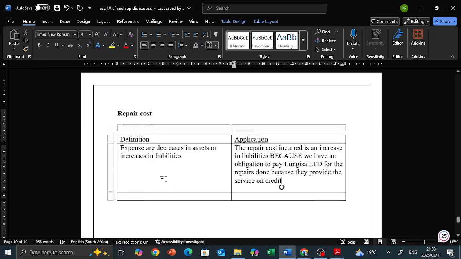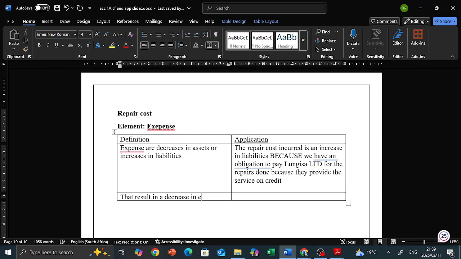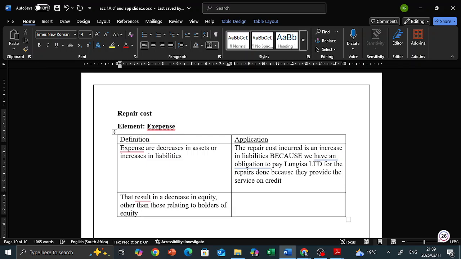Then, expenses are decreases in assets or increases in liabilities that result, the next part now, this is how you break the expense definition up, that result in a decrease in equity, other than those relating to holders of equity claims.